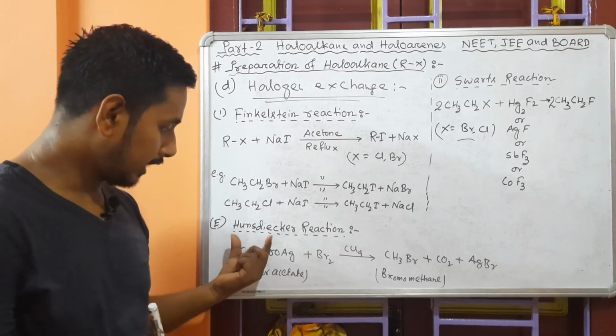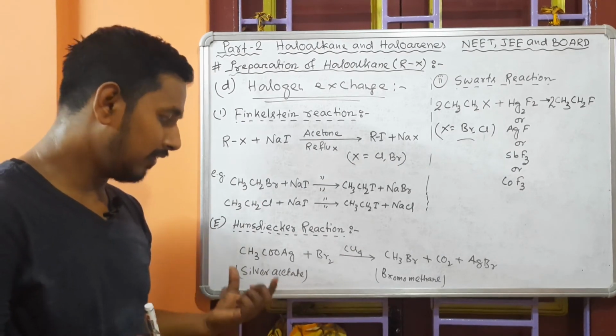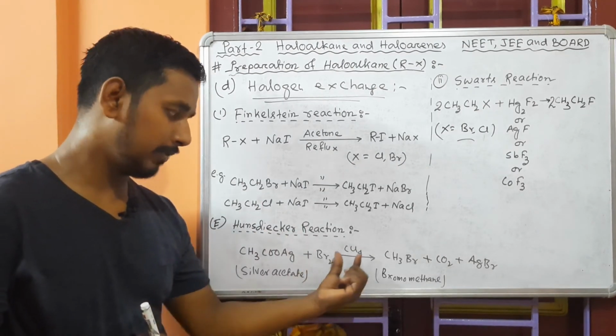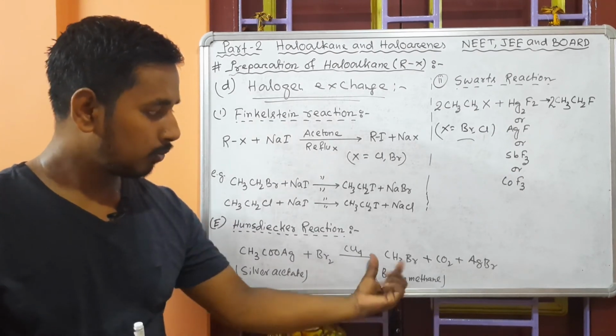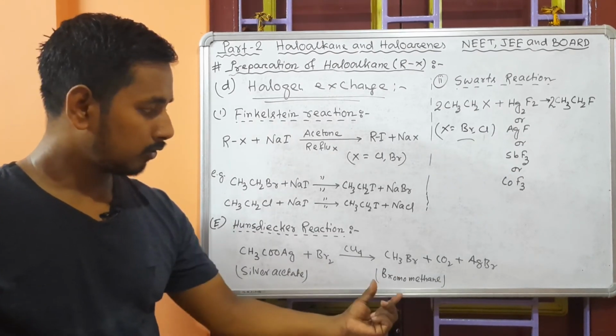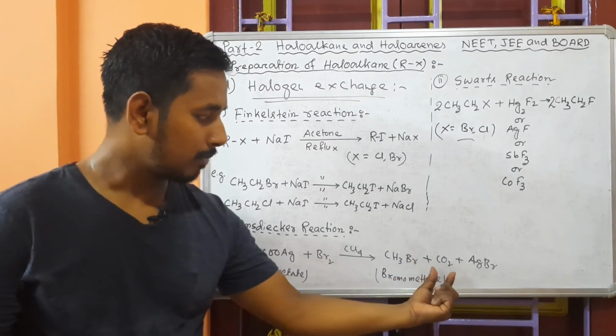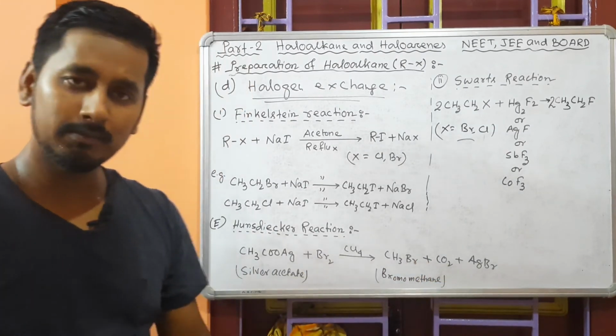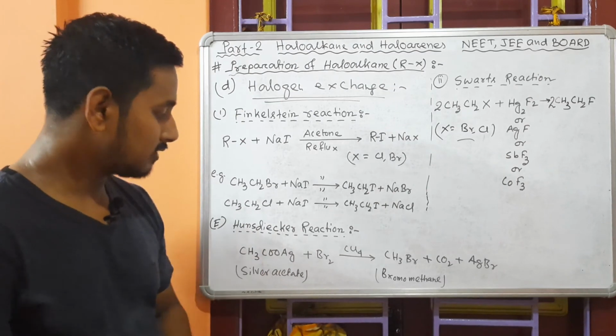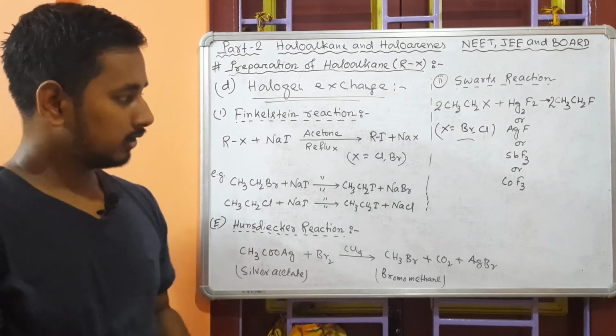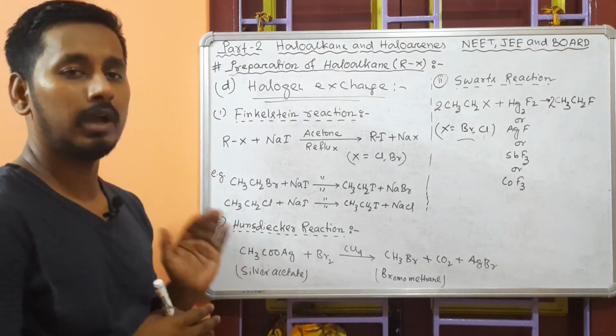In the Hunsdiecker reaction, silver acetate reacts with bromine in the presence of carbon tetrachloride, and bromomethane will form, with byproducts of carbon dioxide and silver bromide. This reaction is known as the Hunsdiecker reaction. So in this way you prepare haloalkanes.